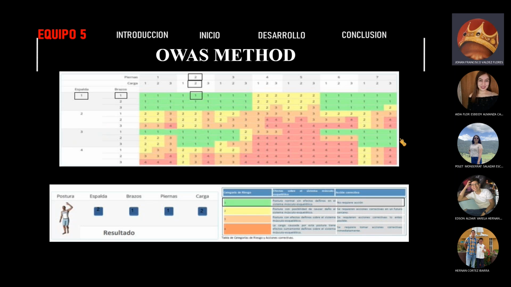About the legs, it's the same, and obviously the load will change. We had a number 3, and we will have a number 2. After this, we can see that we got a score of 1, and it means that the activity will be good for the worker and won't cause problems. And that's it. Next.